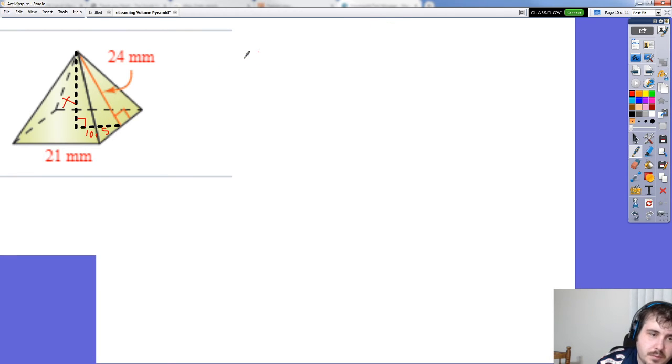So Pythagorean Theorem, A, B, and C. Remember that the two smaller sides are on the left. The hypotenuse, which is the one that is opposite the right angle, is on the right. So we're going to go through now. We got x squared plus 10.5 squared equals 24 squared.